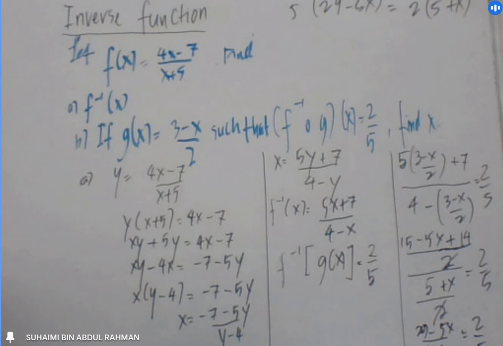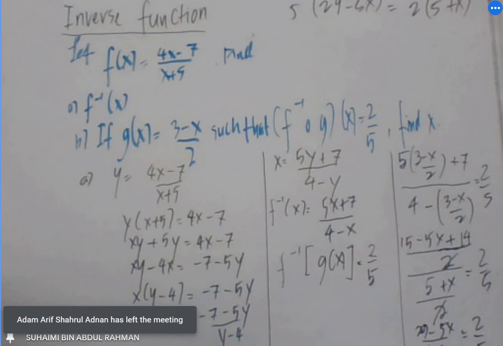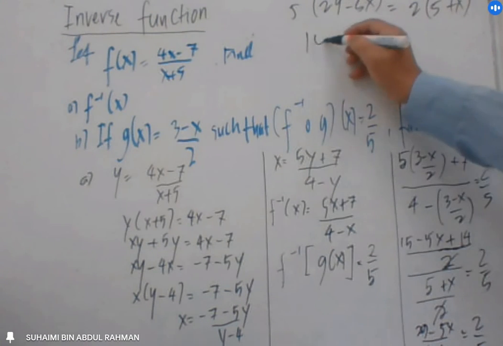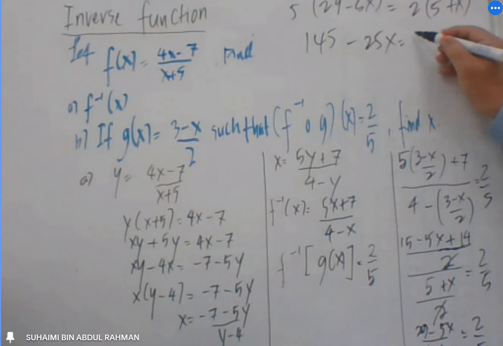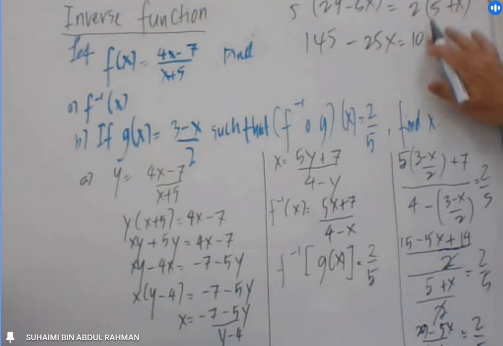What is 29 times 5? The value is 145. 145 minus 25x equal to 10 plus 2x.